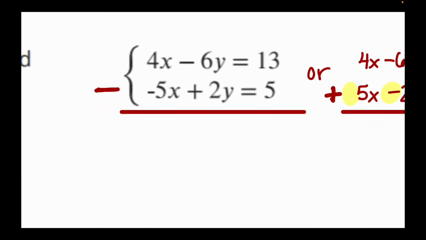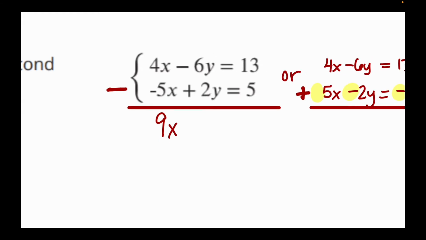So 4x minus negative 5x, that's going to be the same as adding it. So 4 minus negative 5, that's a positive 9. So we'll have 9x. Then negative 6y minus 2y would be negative 8y.